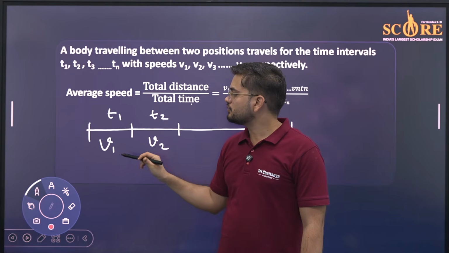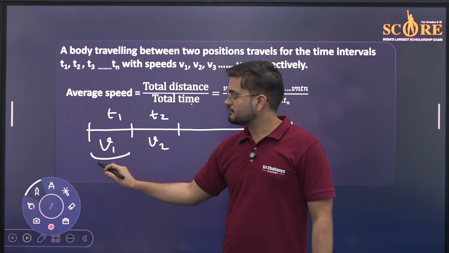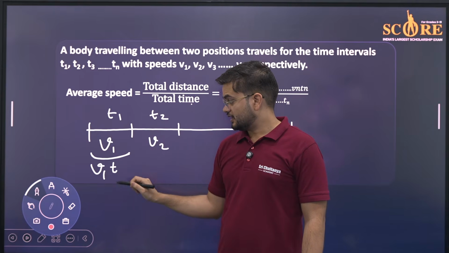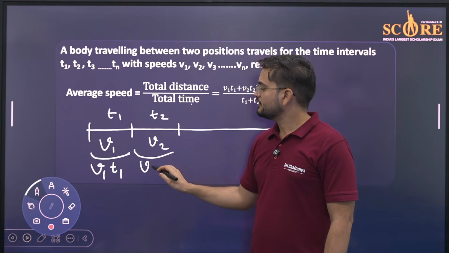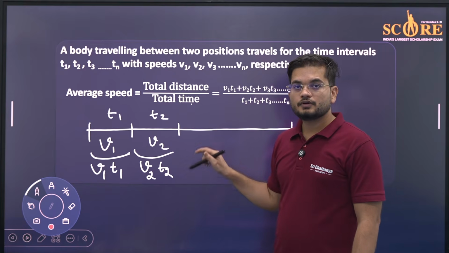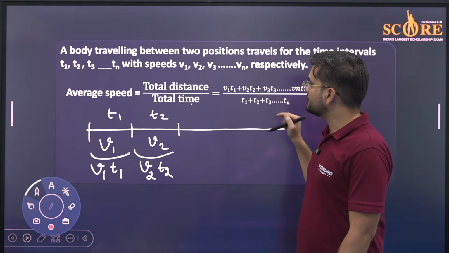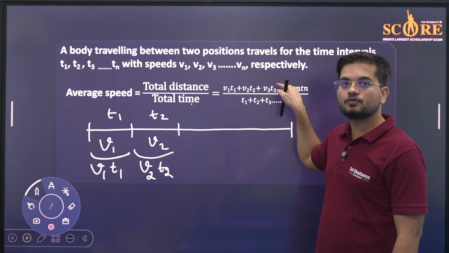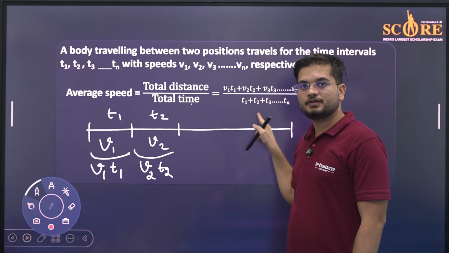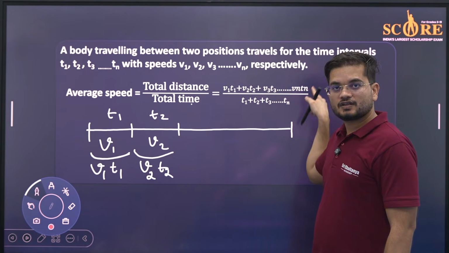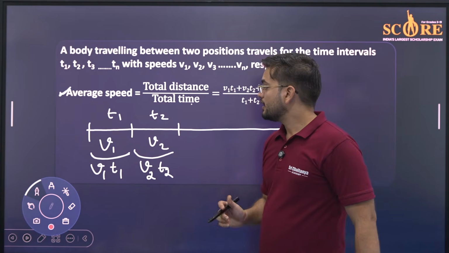What will be the total distance travelled? We can calculate distance using velocity into time: v1 t1, then v2 t2, next v3 t3. So the total distance will be v1 t1 plus v2 t2 plus v3 t3, and the total time will be t1 plus t2 plus t3 plus t4 and so on. Clear? This will be the average speed.